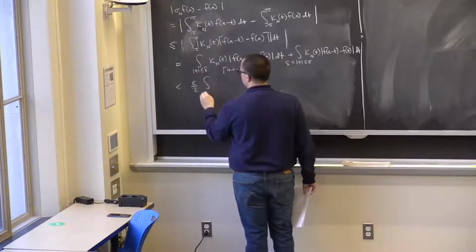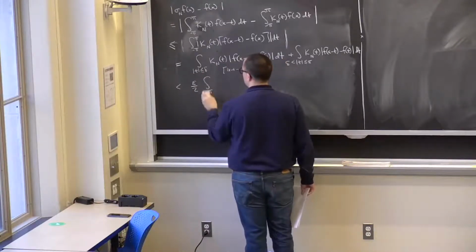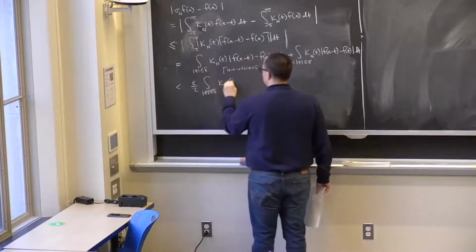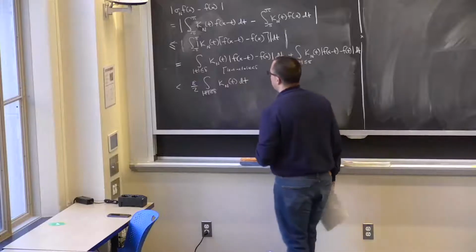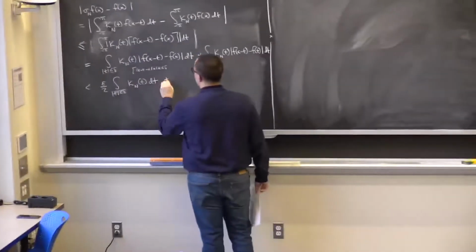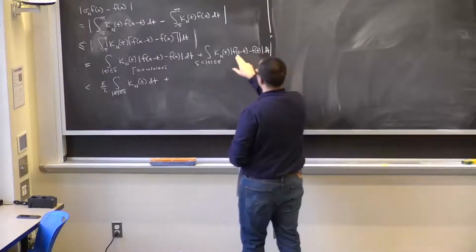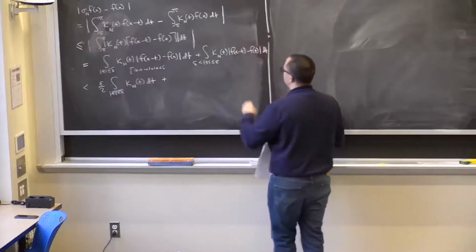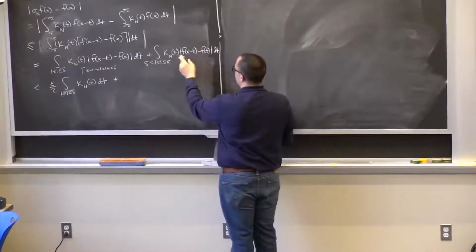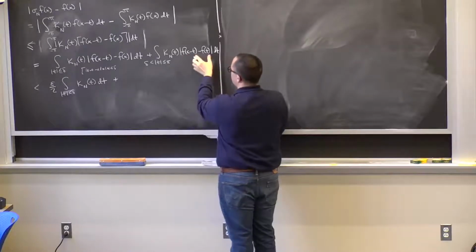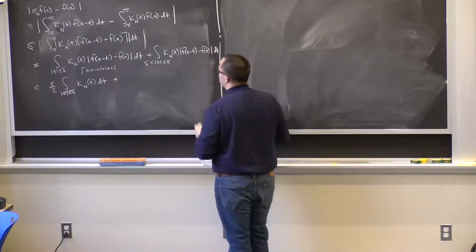Okay, but I can make this region larger, but let me just leave it here as it is. Plus, now what do I do with this piece? I bound this by twice the L infinity norm of f. The absolute value of this is less than or equal to, by the triangle inequality, the sum of the absolute values, which is less than or equal to the sup of this plus the sup of that in x, which is twice the infinity norm.